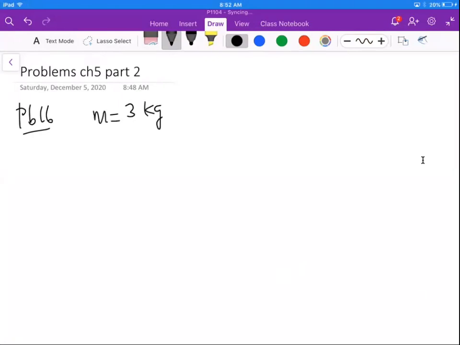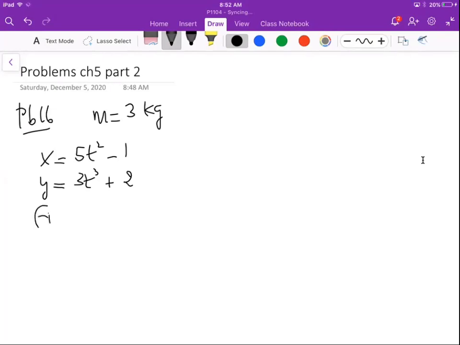And it is moving with both x and y coordinates, which are given by x equals 5t squared minus 1, and y as a function of time is given by 3t to the power 3 plus 2. So this is x as a function of time and y as a function of time. You have to find the magnitude of the net force acting on this object, so you have to find F at the time t equals 2 seconds.